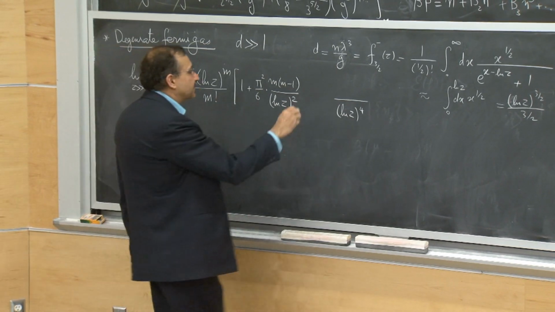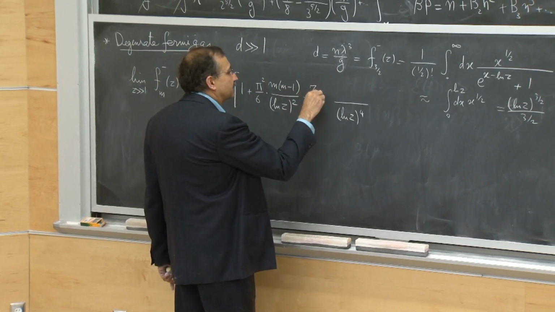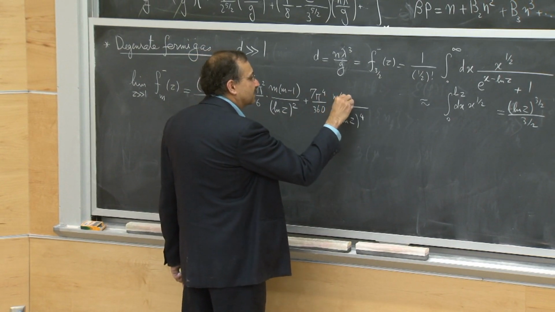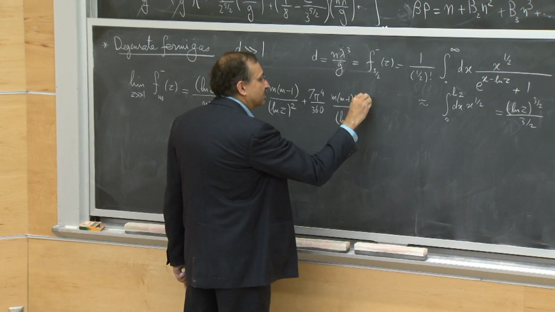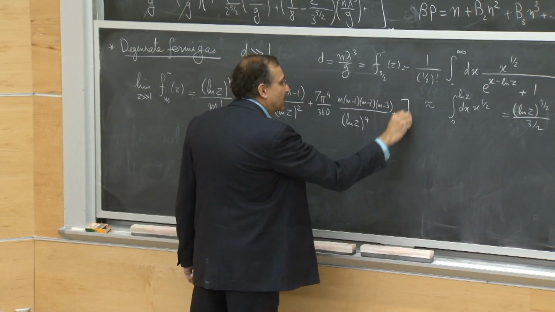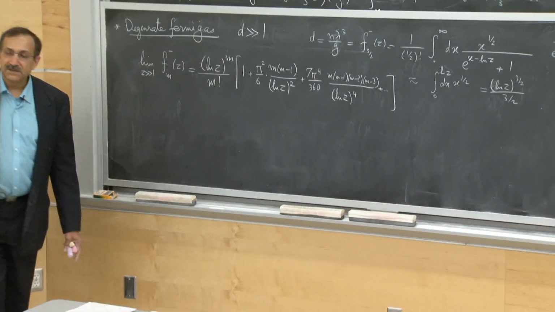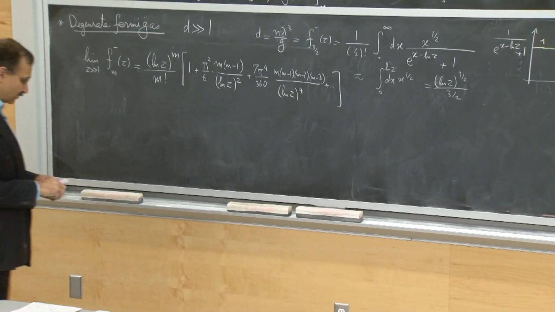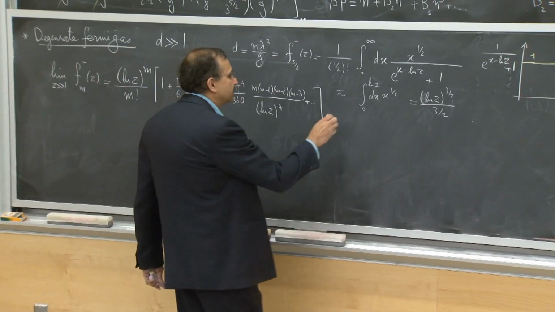The coefficient of the next term is 7 pi to the 4th over 360, times m minus 1, m minus 2, m minus 3. And there's a formula for subsequent terms in the series, how they are generated. And this thing is known as the Sommerfeld expansion.